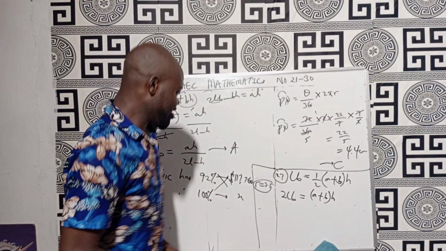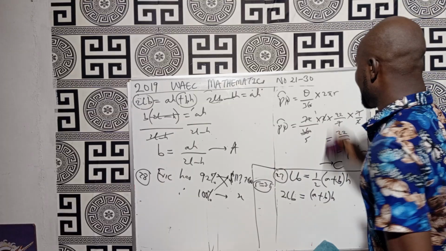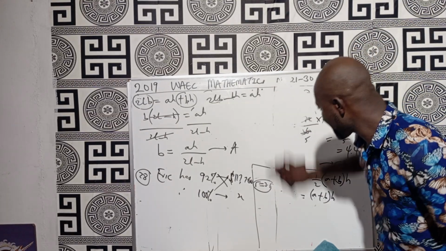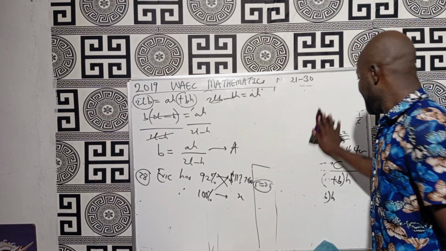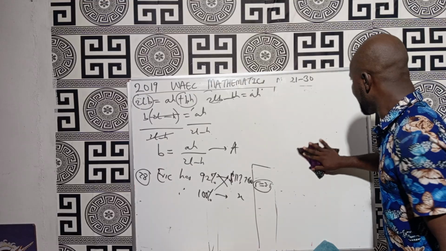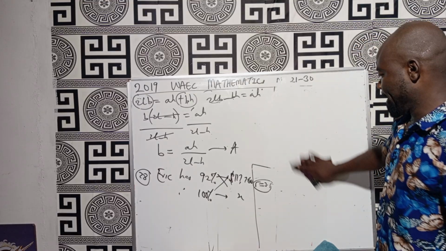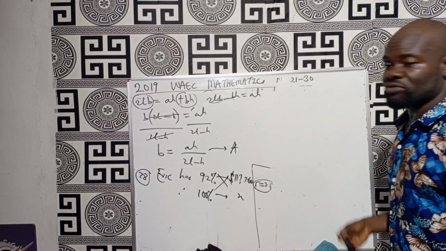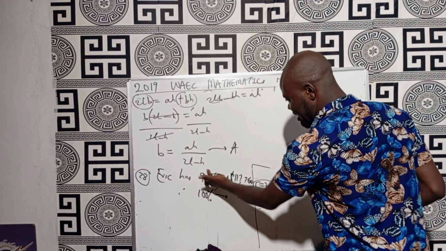So let's do that. Let's cross multiply and get our answer. Of course, percent cancels percent.